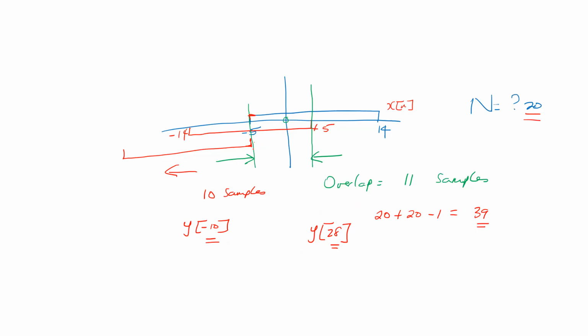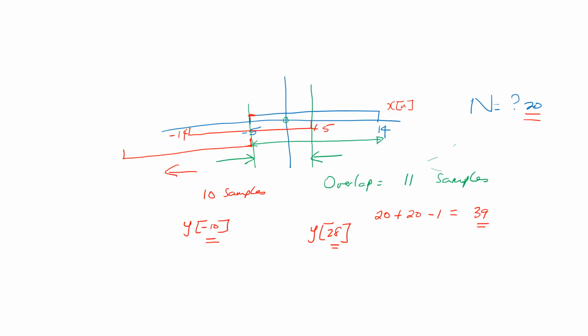If I start here, let me just use a slightly different color here. My first value is at -10. I'm going to have to shift to get the whole overlap.